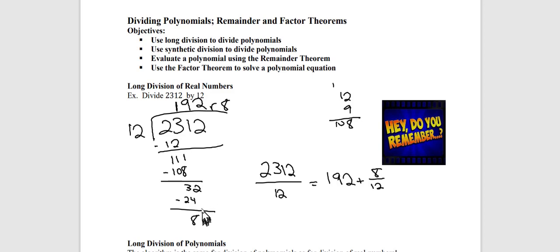There's nothing to still carry down, and the 12 can't go into 8. So we have to divide the 8 by 12 still. We don't typically write 192 plus 8 over 12. We typically just write 192 and 8 twelfths, but 8 twelfths will simplify down to 2/3. They're both divisible by 4.